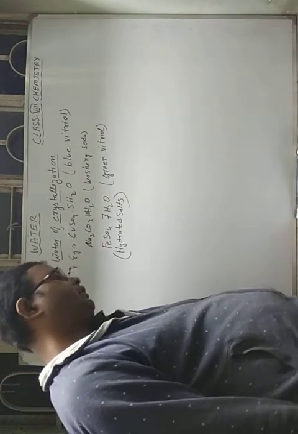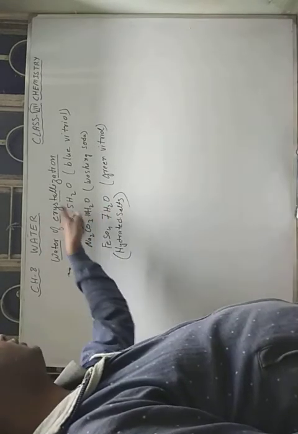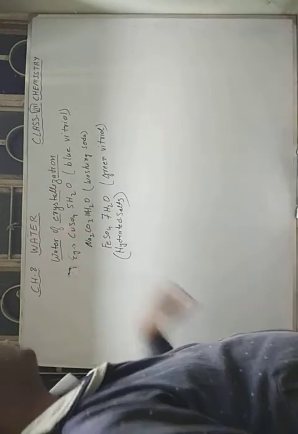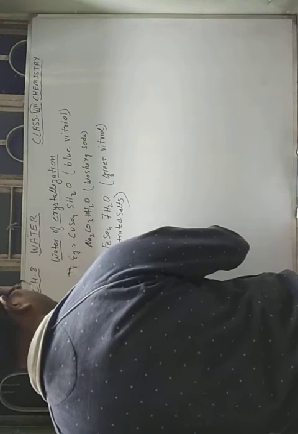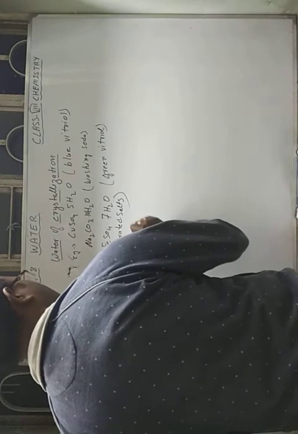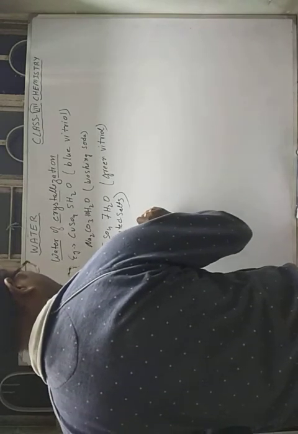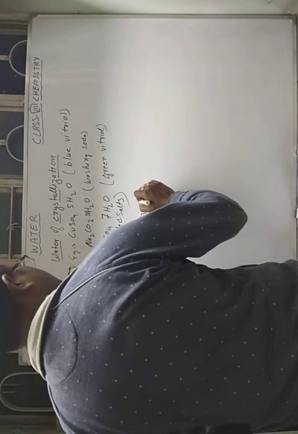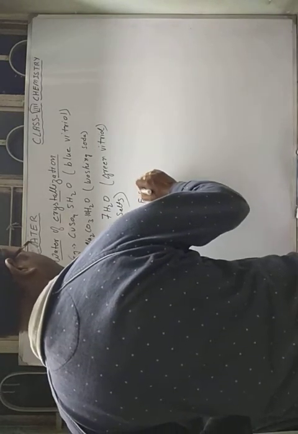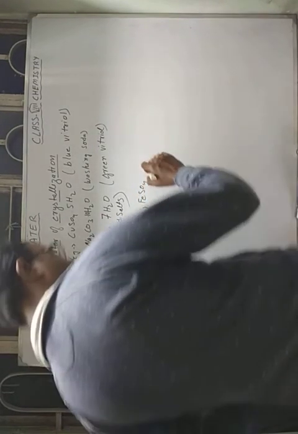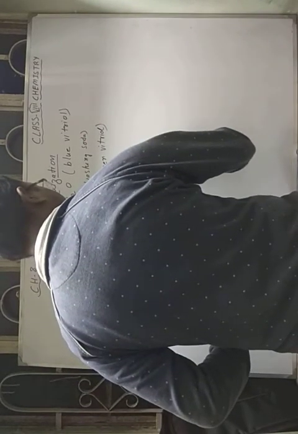So on heating, when they lose water, if you heat copper sulfate hydrate, you will get CuSO4. After that you will get Na2CO3, then FeSO4, then ZnSO4.